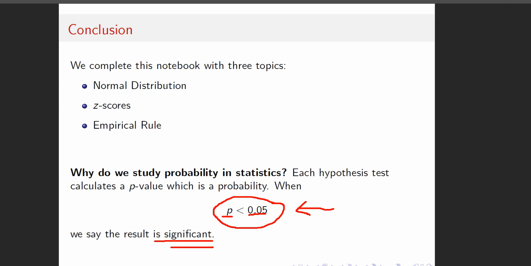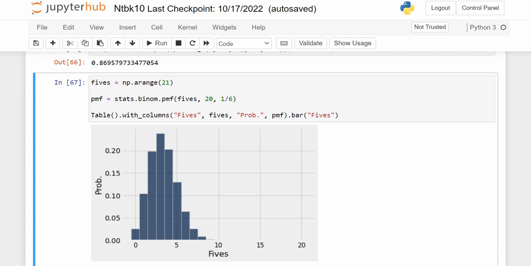So in the lady tasting tea, we're going to say we have significant evidence that she can actually taste the difference in the tea. You can go through some of those other probabilities that are in the notebook. They were all done correctly. I just showed you the ones that specifically relate to the lady tasting tea example.